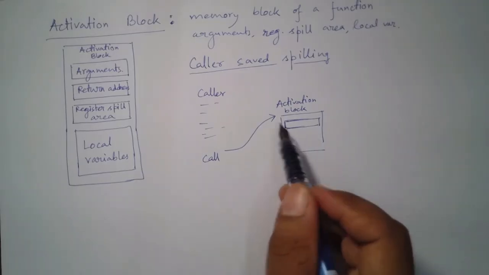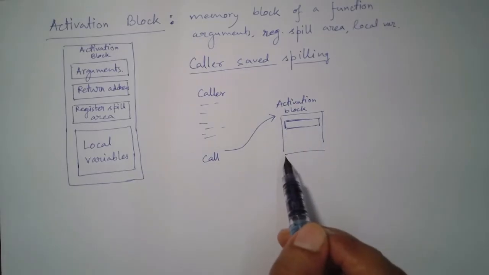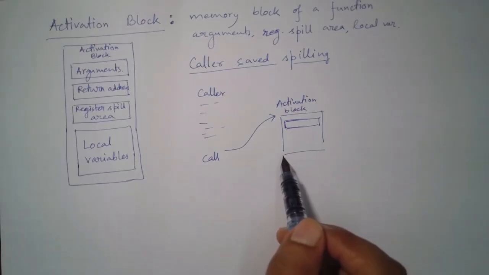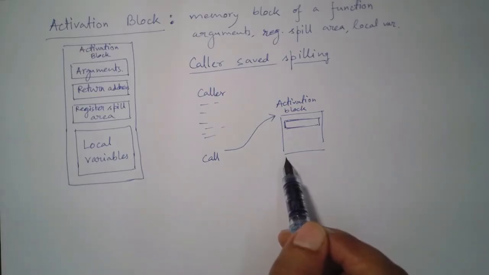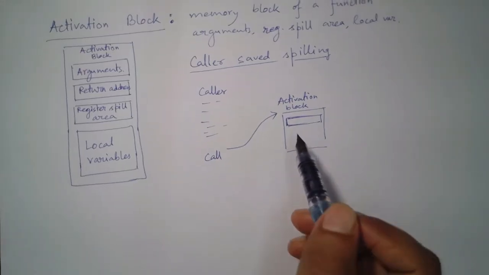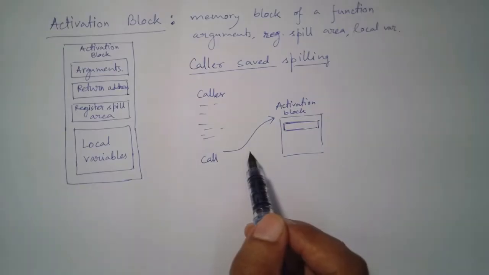So, once you return from there, you destroy the activation block of the callee. All right. Once the function ends, you find the return instruction and return to the caller. So, the caller retrieves the return values from the registers or from its activation block, restores the spill registers, and then it continues. Okay.